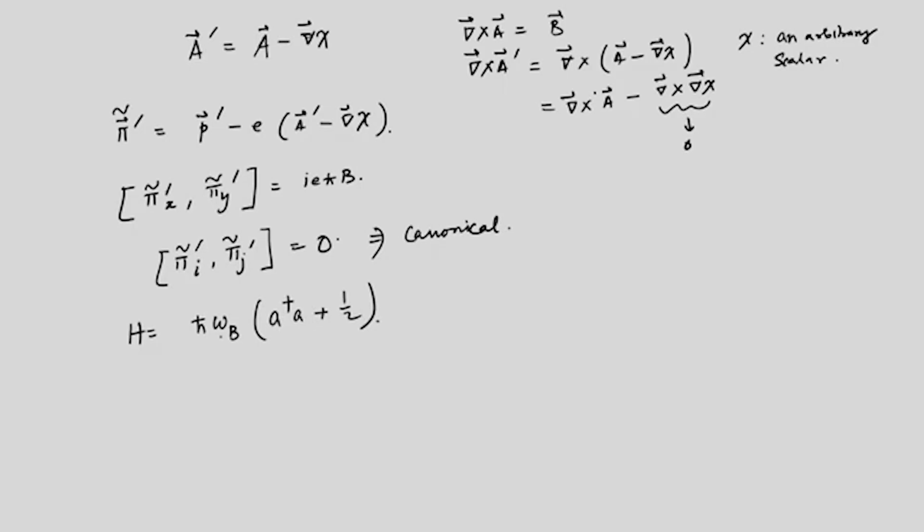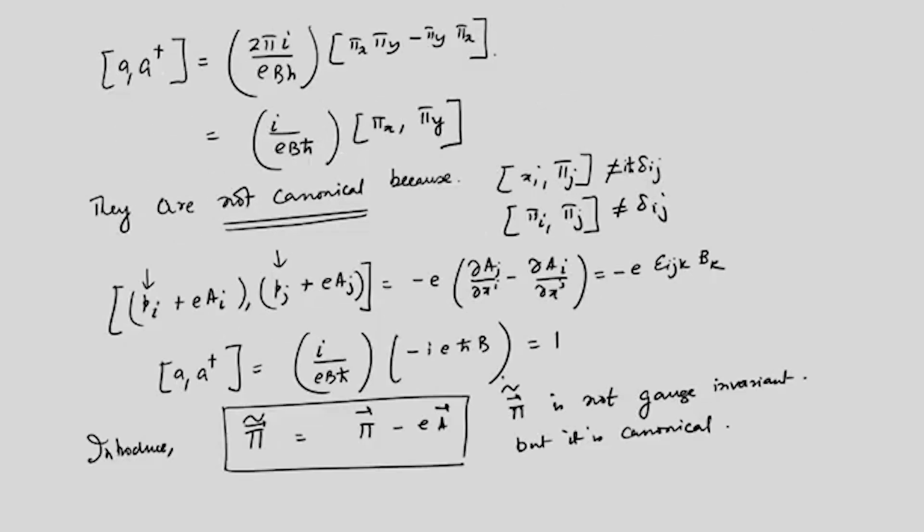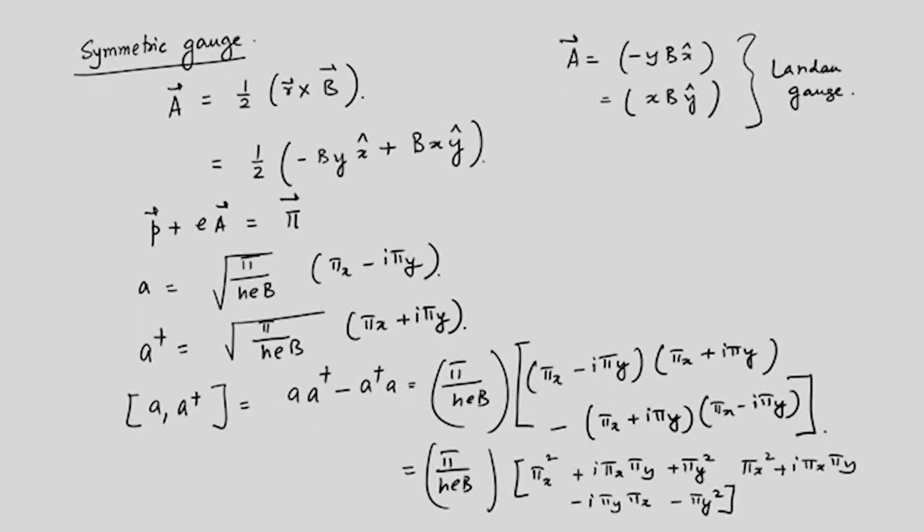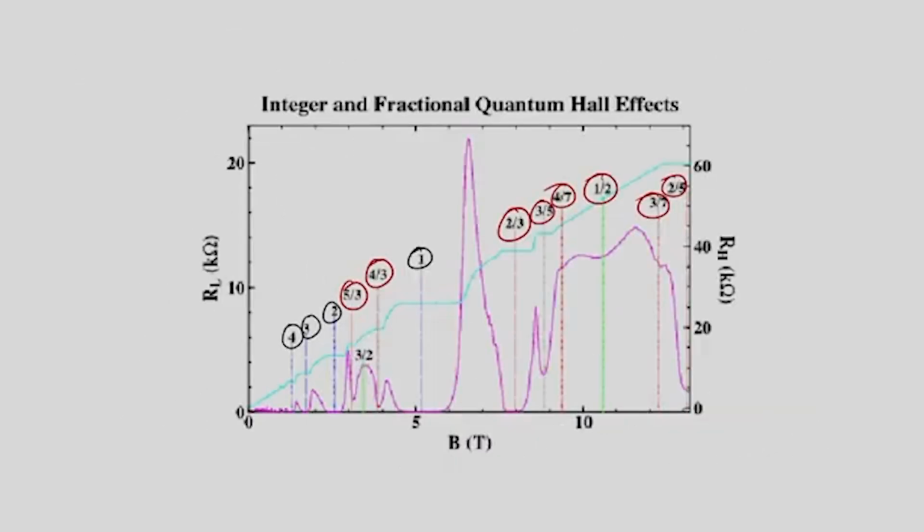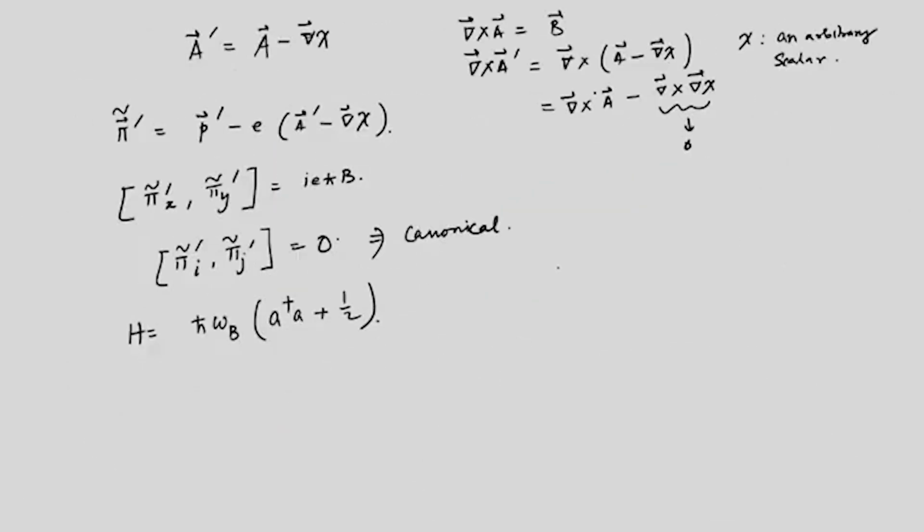You can check that with the definitions of A and A dagger. So, your Hamiltonian will be equal to (P plus EA) whole square by 2m.